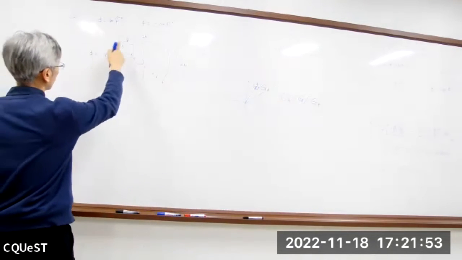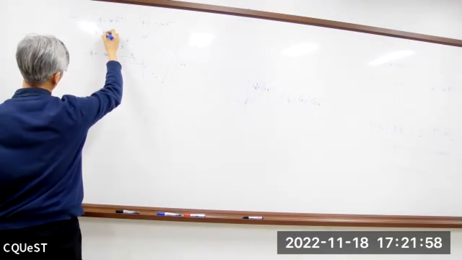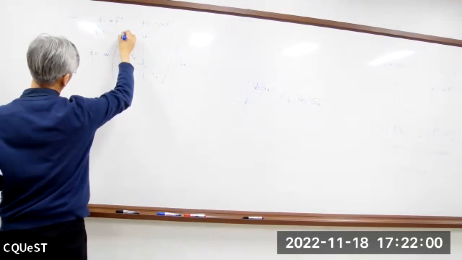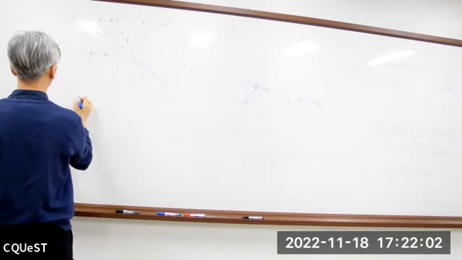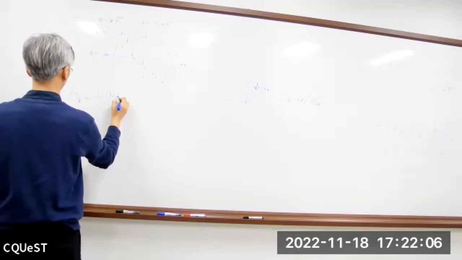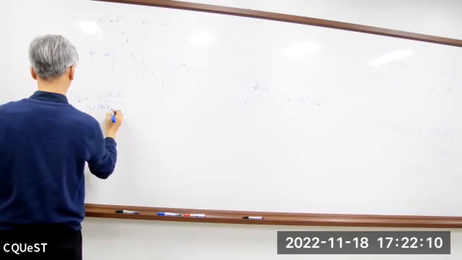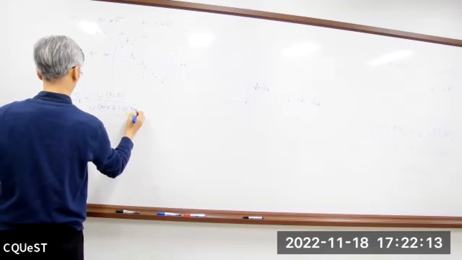In this case, the orbit, which is parameterized by this number L, running from 0 to n, is given by U(n) comma n, and then U(n minus L) times L times U(n minus L).